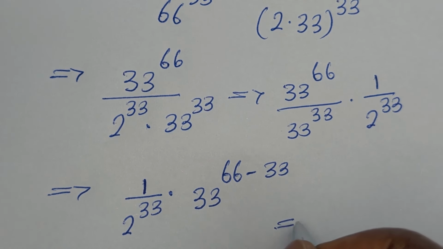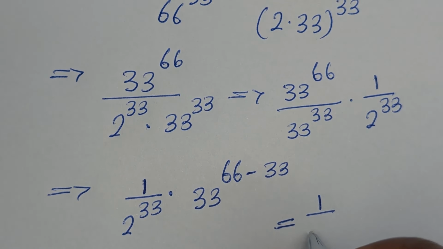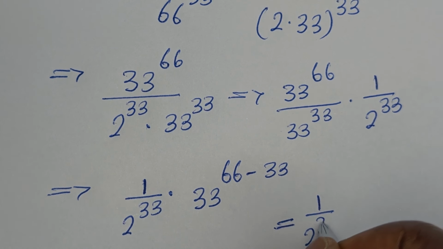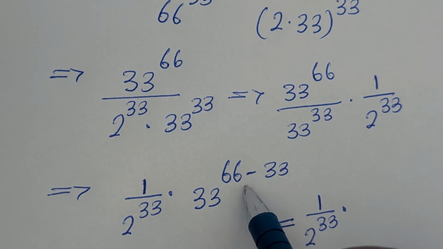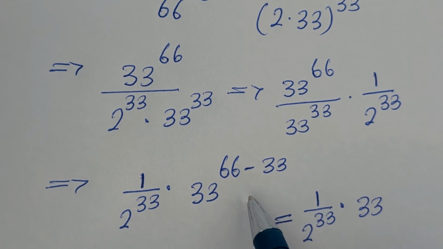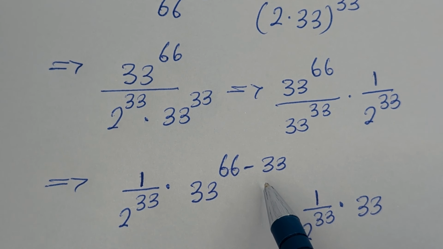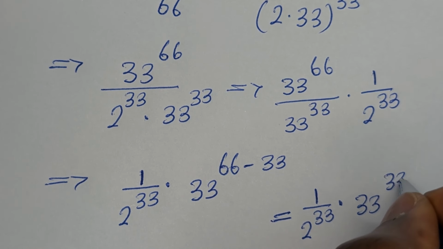And this is equal to 1 divided by 2 raised to power 33 multiplied by 33 raised to power 66 minus 33, that is 33.